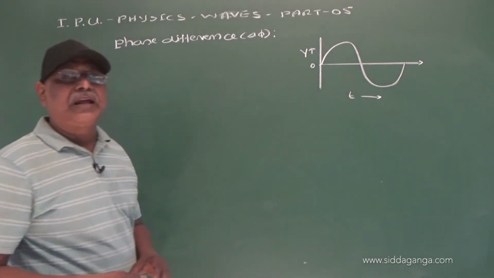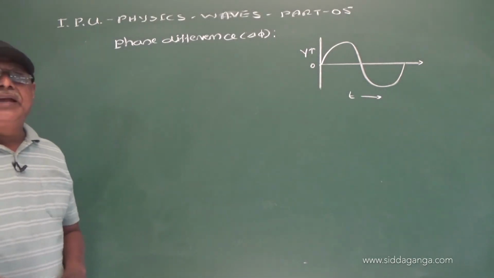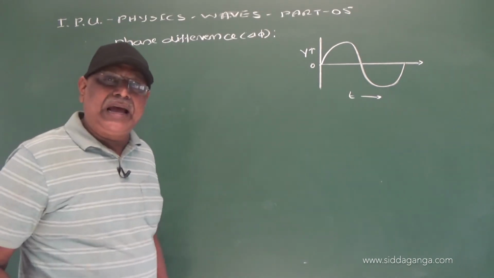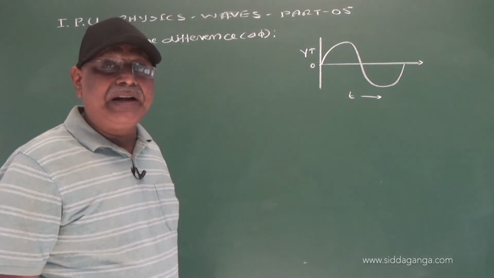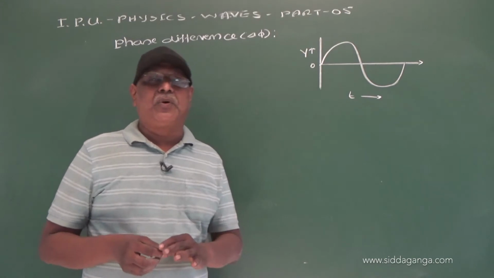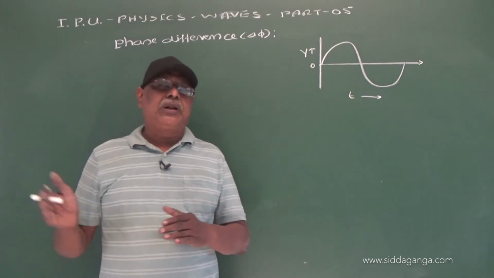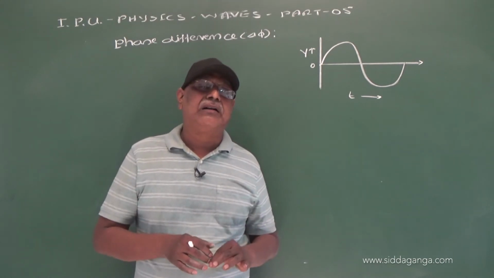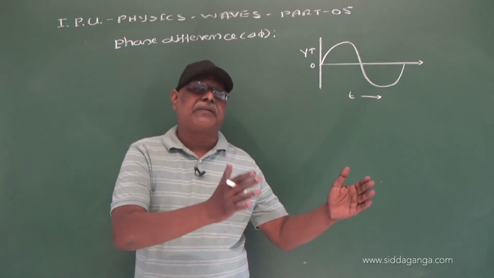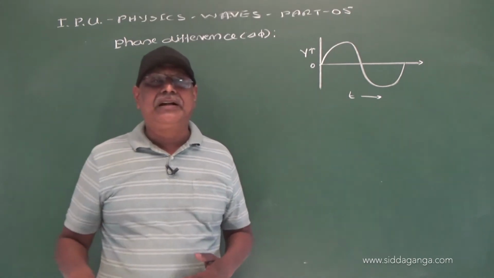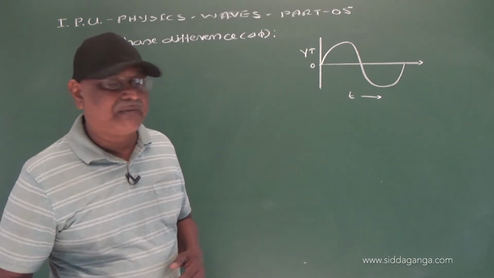Now here the different particles are vibrating at different phases. We know from the characteristic property of a progressive wave, when a progressive wave propagates through a medium, different particles are disturbed at different instants of time, and at any given instant of time they have different states of vibration or phase.